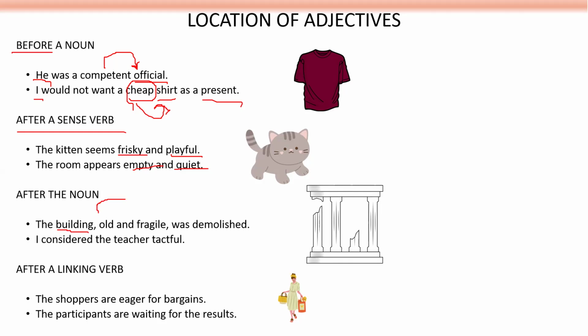This is called an adjective phrase. It's a very complicated structure, okay? Because you have to be mindful of your commas, your punctuation. Pag nagkaroon ka ng mali sa commas, definitely it's a grammar liability because you miss out on punctuation marks. The building, old and fragile, was demolished.